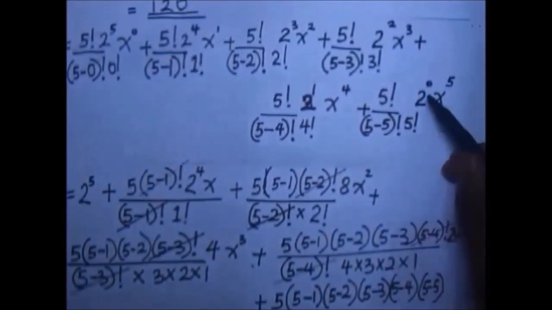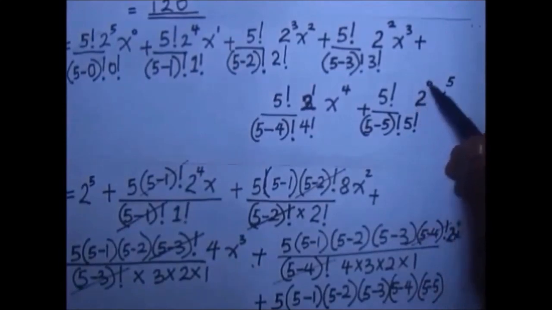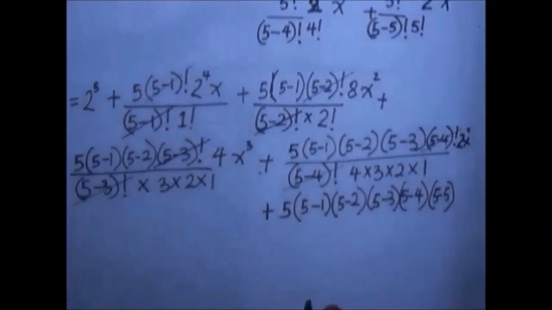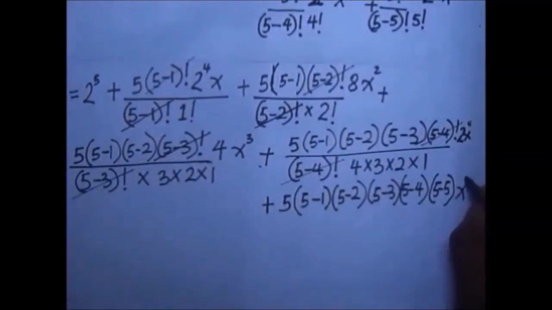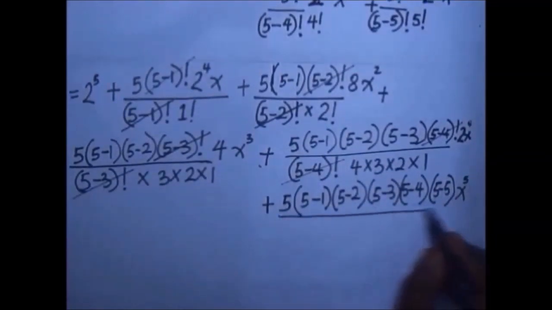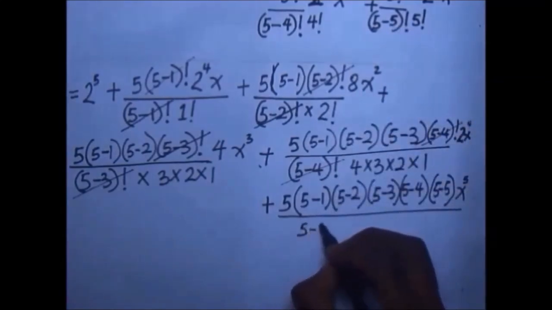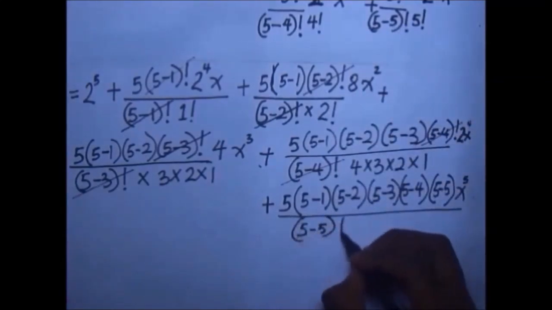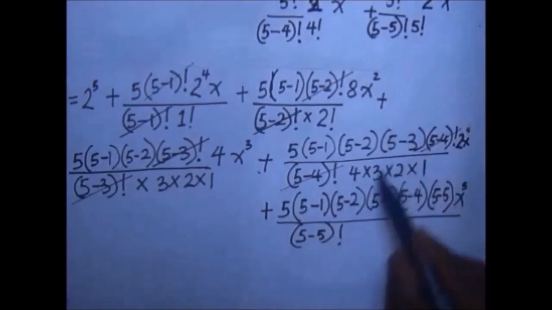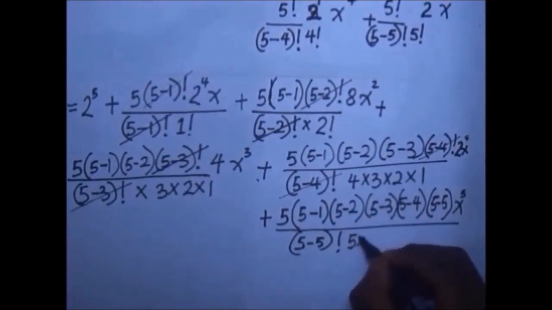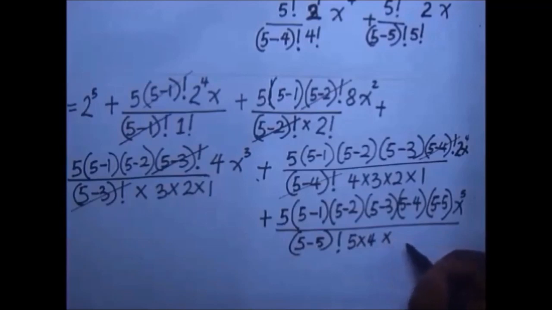Any number to the power 0 is 1, so 2 to the power 0 is 1, then times x to the power 5. So here we have x to the power 5, divide all that by 5 minus 5 factorial. 5 factorial here is going to be 5 times 4 times 3.